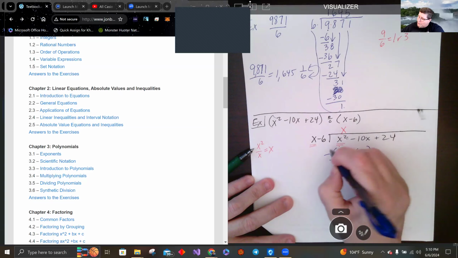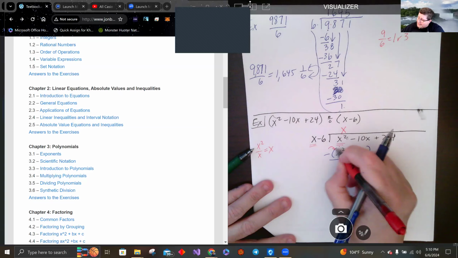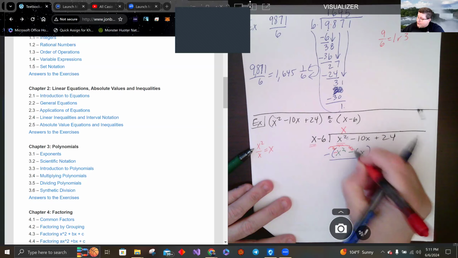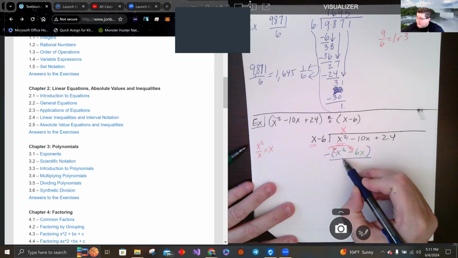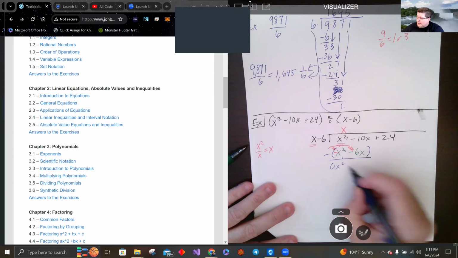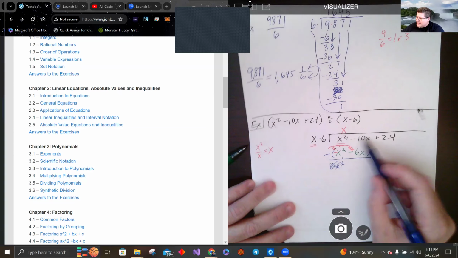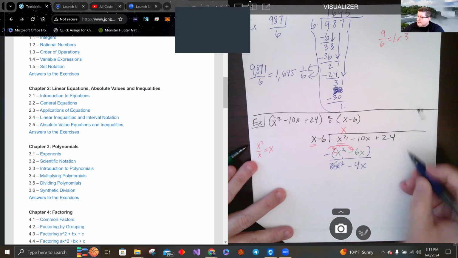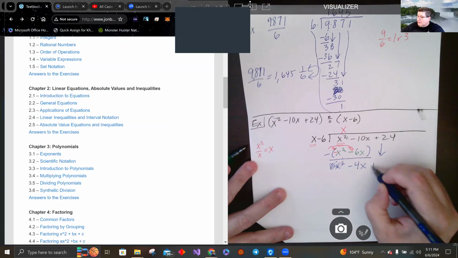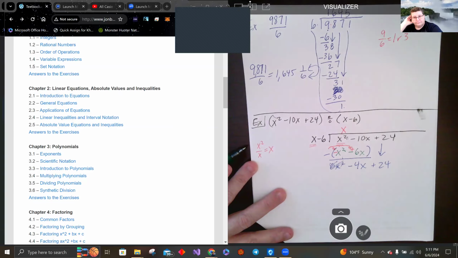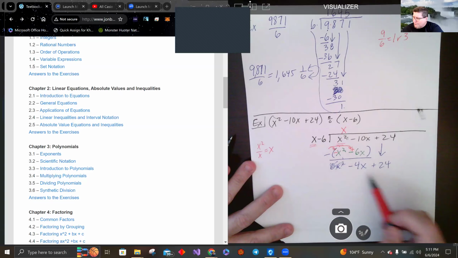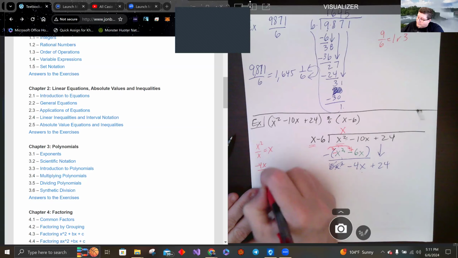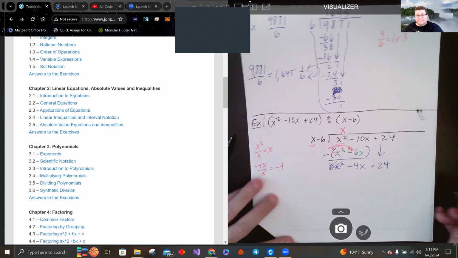I think it's easier if you move the minus sign in and change the signs inside so that you don't forget. If you've done it correctly, this first part goes away, 0x squared, and so we don't need it. Negative 10x plus 6x is negative 4x. And we bring down the 24, just like up here we brought down the 8. Now we're going to see how many times x goes into negative 4x. Negative 4.